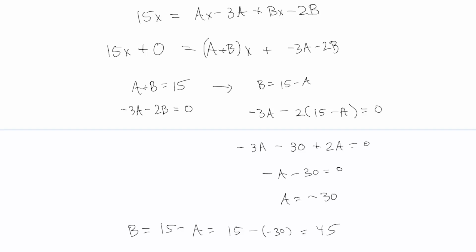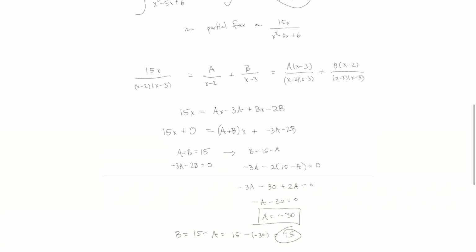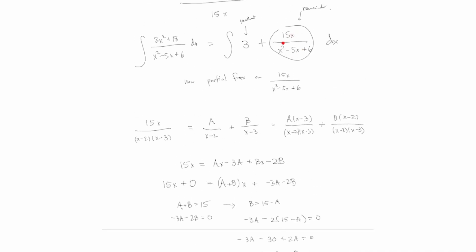Okay, so my partial fraction coefficients are negative 30 and 45, right? So all the way up here, that's what this a and the b are, right? And what that means is this thing right here, we can write as this with the a and the b that we just found.